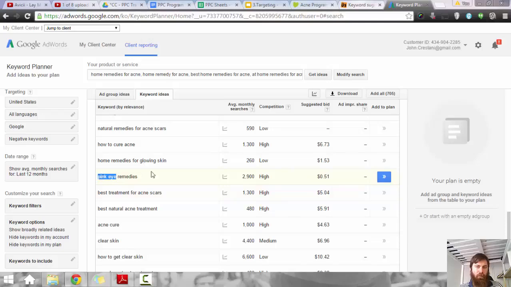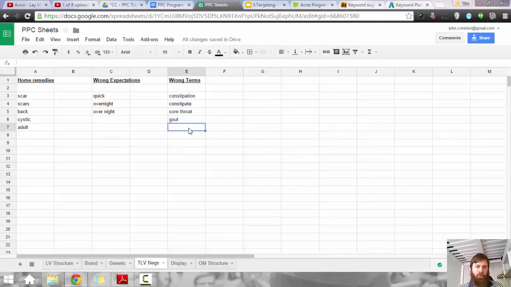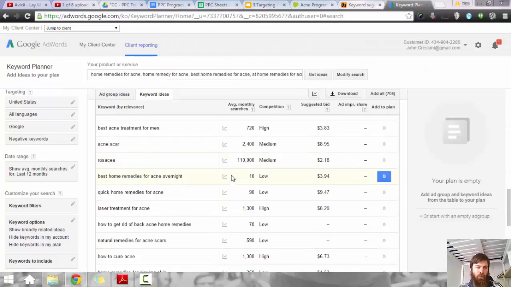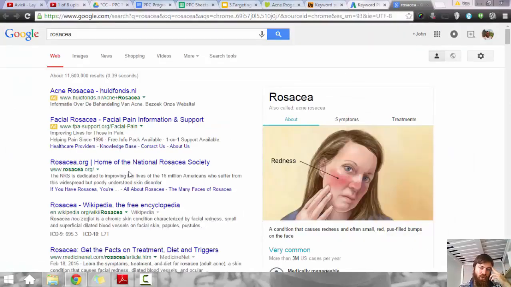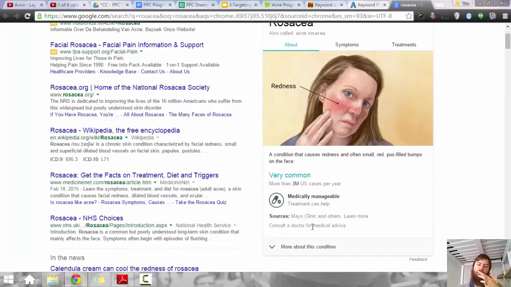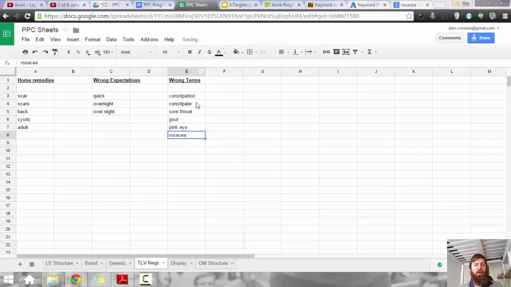I don't know what rosacea is. If you don't know what something is, I would just suggest you Google it, of course. Rosacea is redness. So maybe this is not the same as acne. What I would do in this case is use this as a negative term that I would add in.